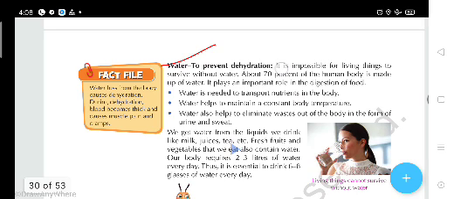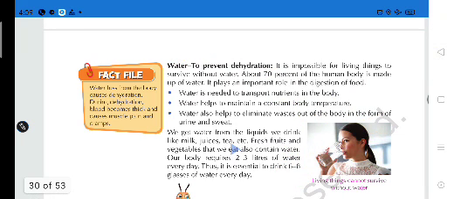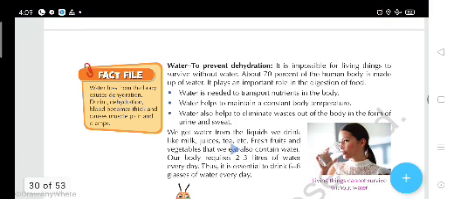As I told you, students, 70% of our body contains water, H2O, the chemical formula. 70% of the human body is made up of water, and it plays an important role in the digestion of food. But why do we require water?